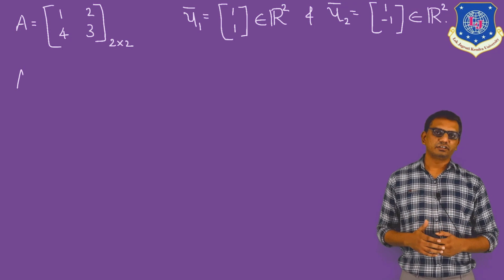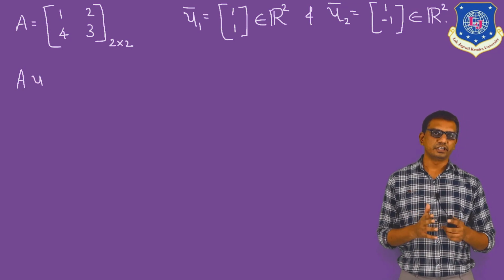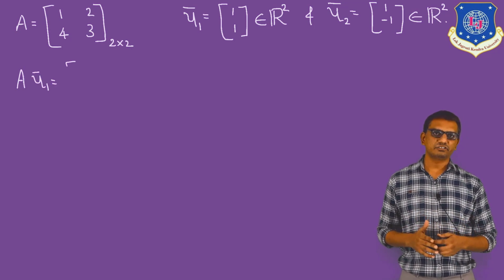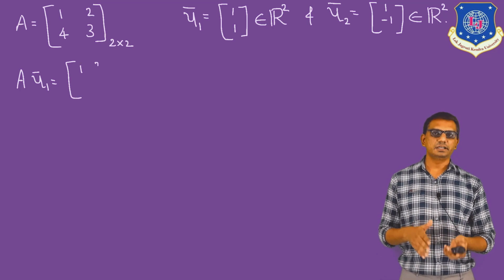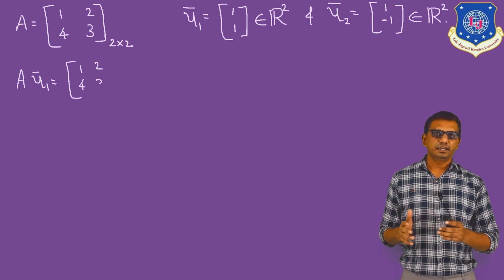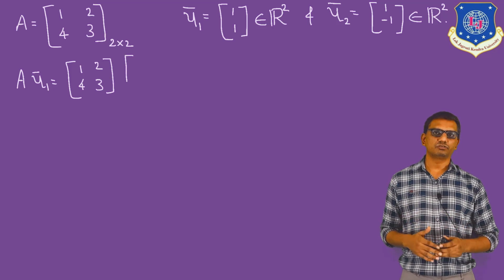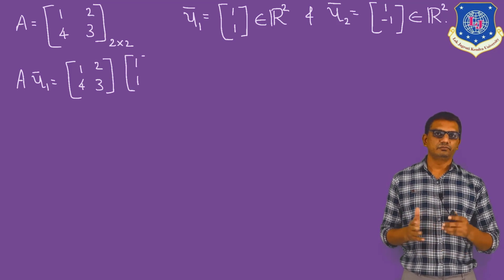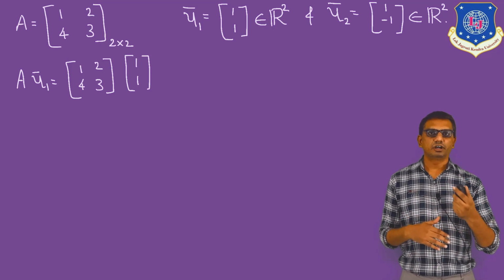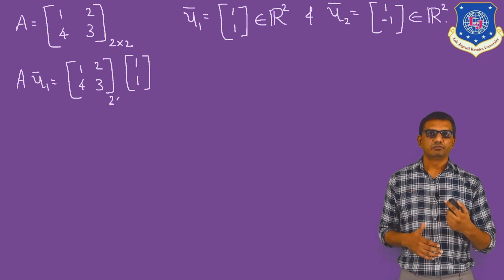Here our example is the matrix 1, 2, 4, 3, and we have our two vectors u1 = (1, 1) and u2. First we multiply u1 with A. We write down our 2 cross 2 matrix 1, 2, 4, 3 and multiply it with the vector 1, 1.